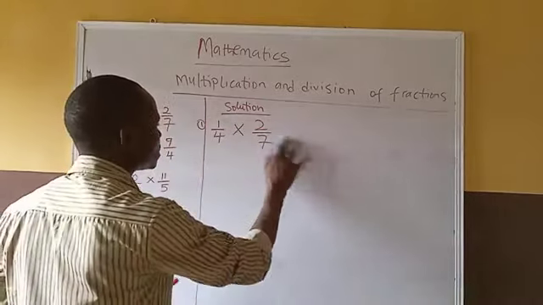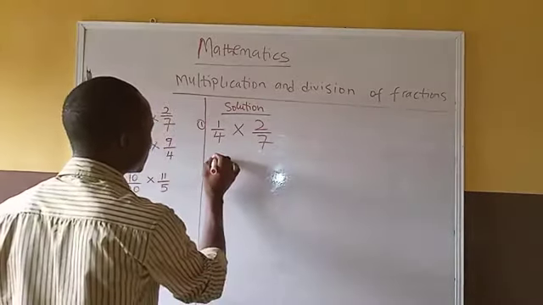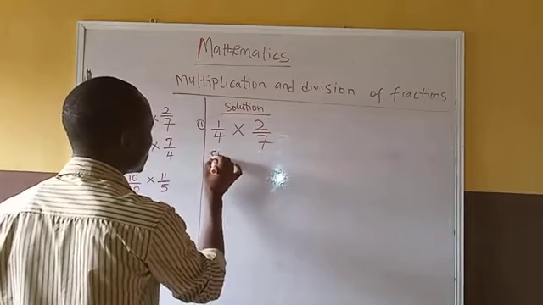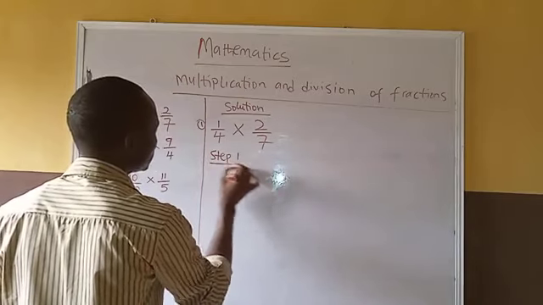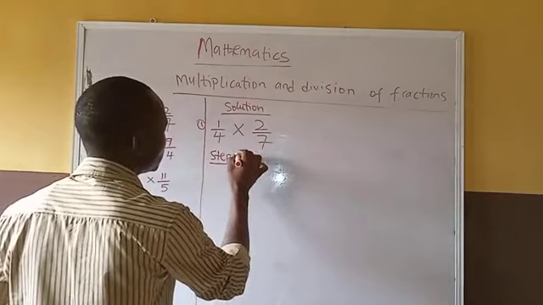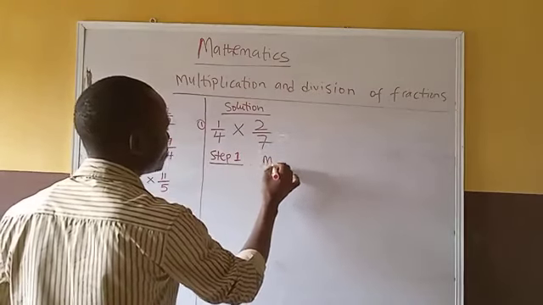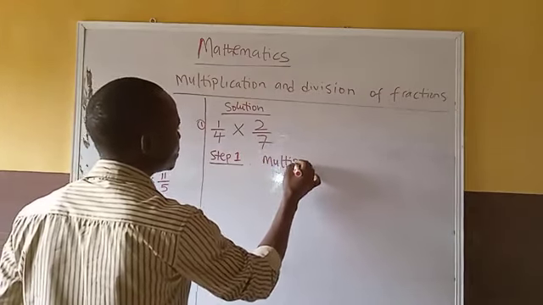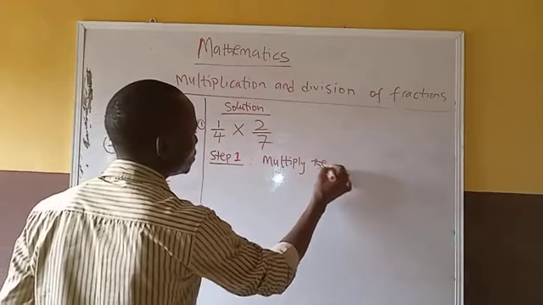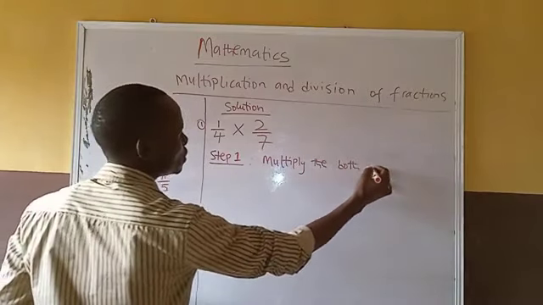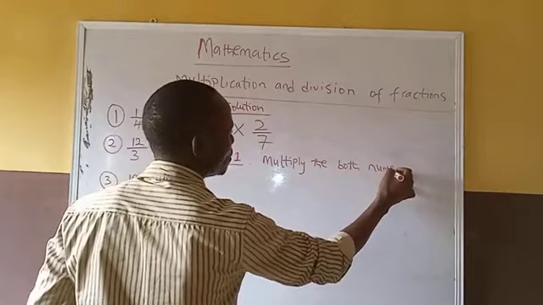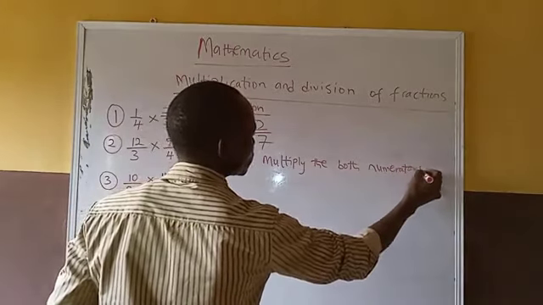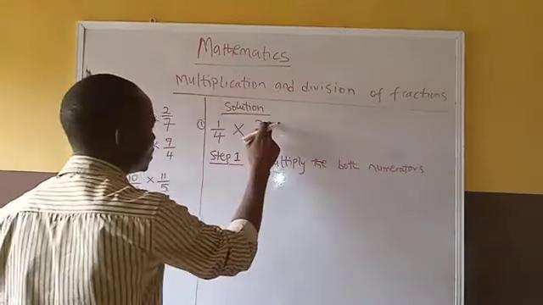Let me put it in writing. Step 1: multiply both numerators, that's the 1 and this 2.